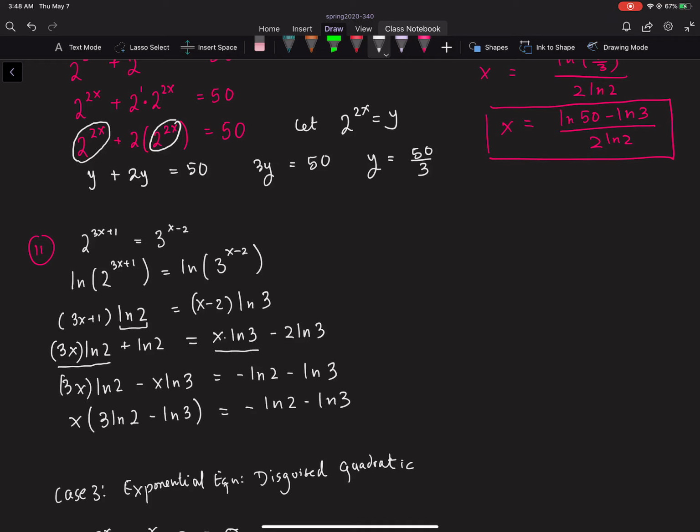And then if I divide, I find x is equal to negative ln 2 minus ln 3 all over 3 ln 2 minus ln 3. So that is what x needs to be.